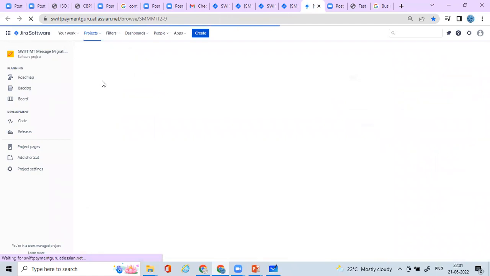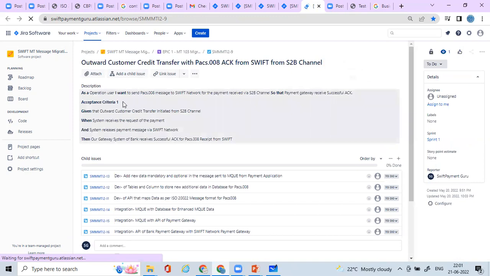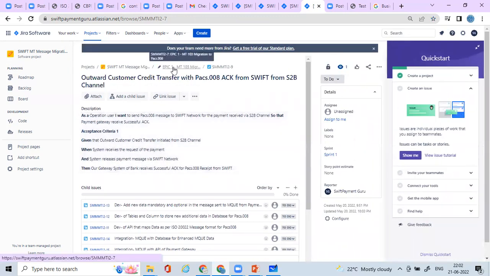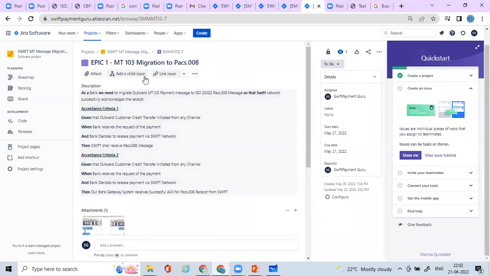I have taken this considering the product owner or the stakeholders have provided it. So this is my first epic. As a business, what they want for this MT103 migration to pacs.008 is that, as a bank, they need to migrate the outward MT103 payment message to the ISO 20022 pacs.008 message, so that the SWIFT network successfully acknowledges the receipt.